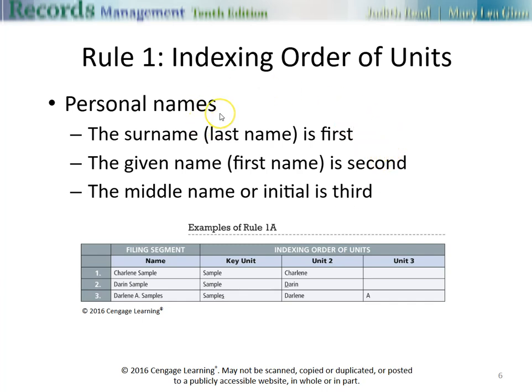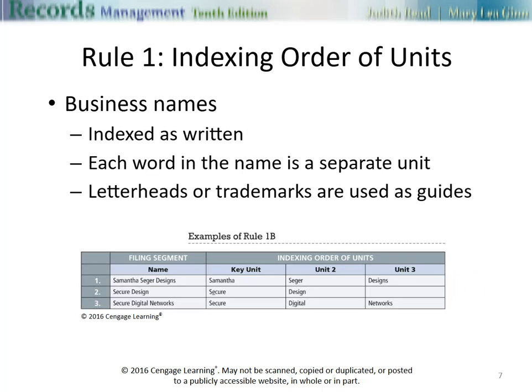Okay, so this was just the personal names. If you just have a first, last, and middle initial, we always index first the last name, then the first name, and then if they have a middle initial. When it comes to business names, we file them exactly as they're written, with one exception that I'll go over in a little bit.